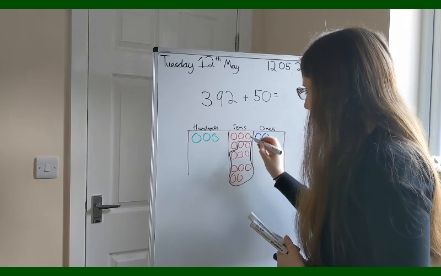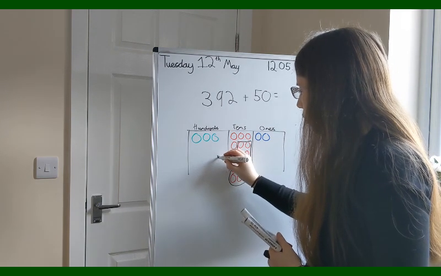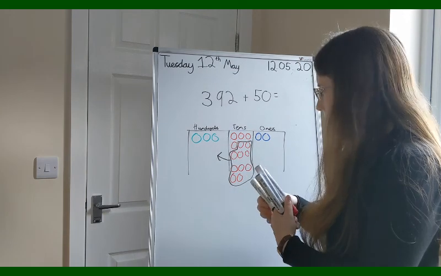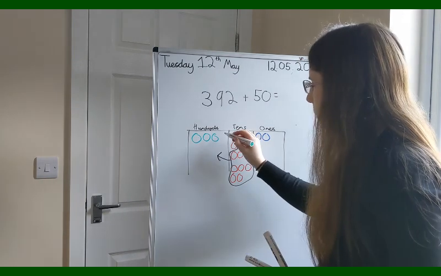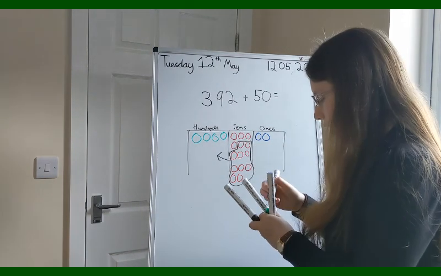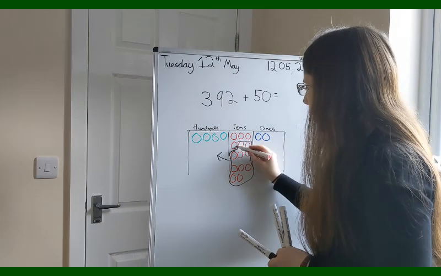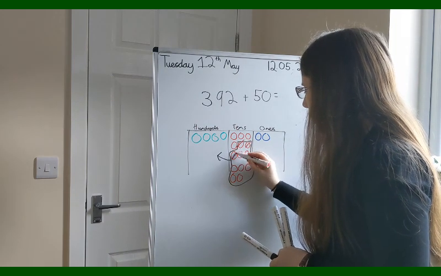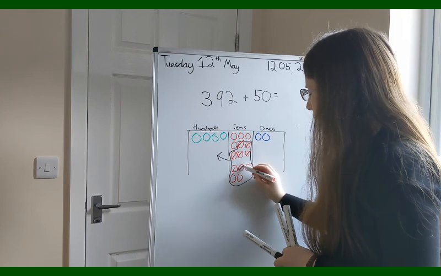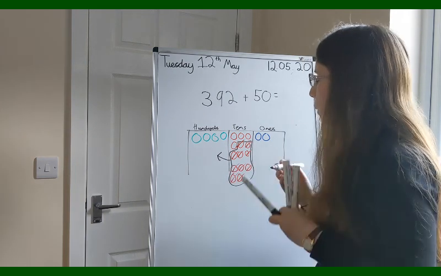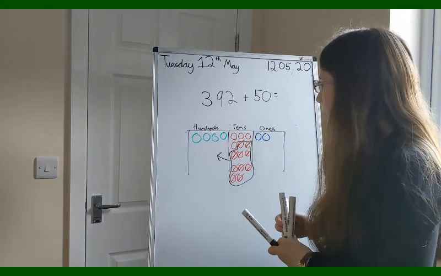So these are my 10 tens that I'm going to exchange over into my hundreds column. So we're going to end up with an extra 100. We've moved these 10 tens over, so I'm going to cross them out so I don't count them in my answer.